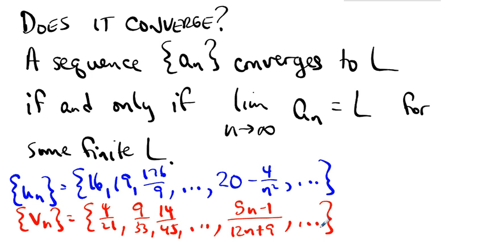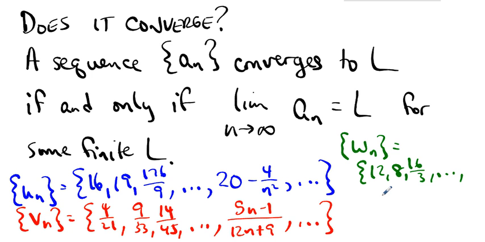And just because I like having 3 colors to choose from, W sub n is 12, 8, 16 thirds, and so on, so that the nth term is 12 times 2 thirds to the n minus 1, and it just goes on and on.